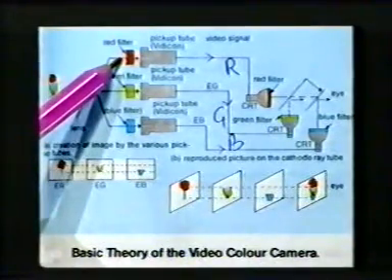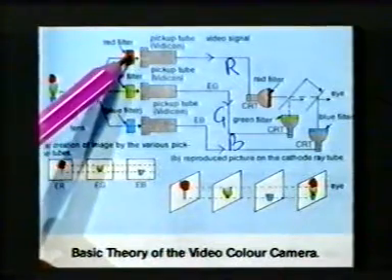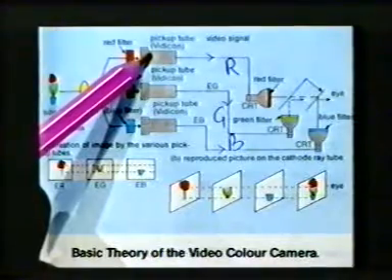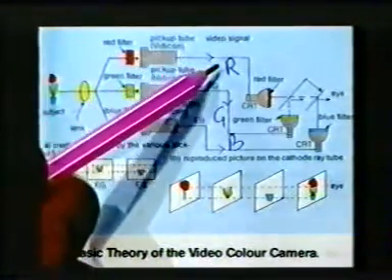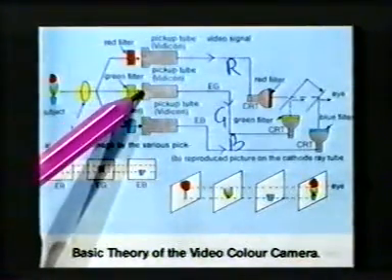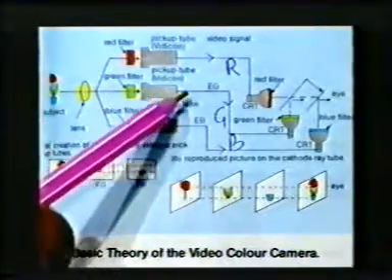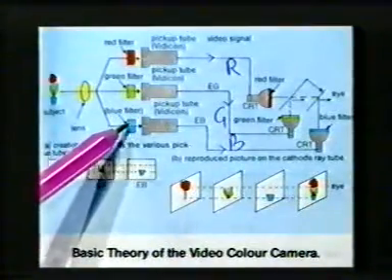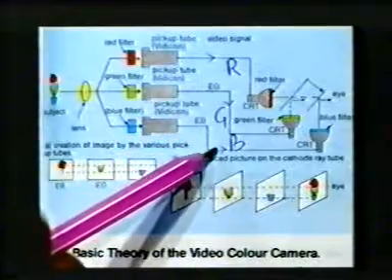The red filter passes only the red light or the red content of the image and goes to the red pickup tube, and the output of the red pickup tube is available in the form of electrical signal as R. In the similar way, the green filter will pass the green light or the green content of the object, and output is available in the form of electrical signal as G. In the similar way, the blue tube will get the blue signal and output is available as B.